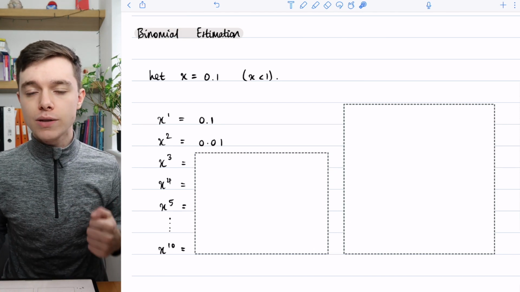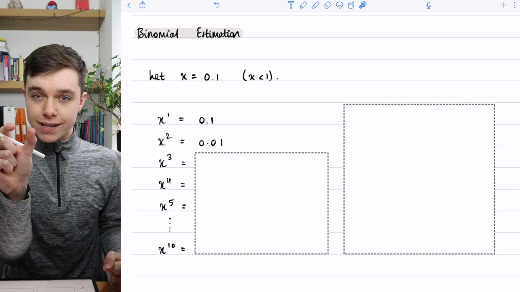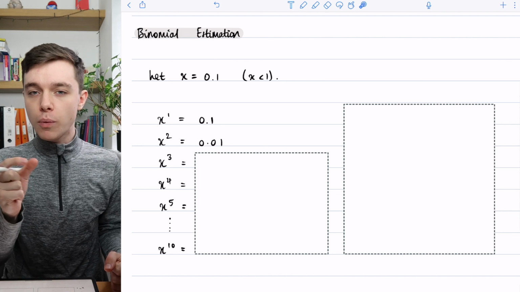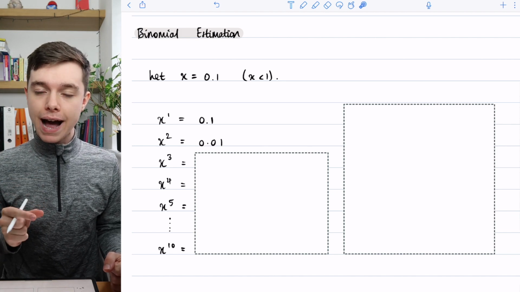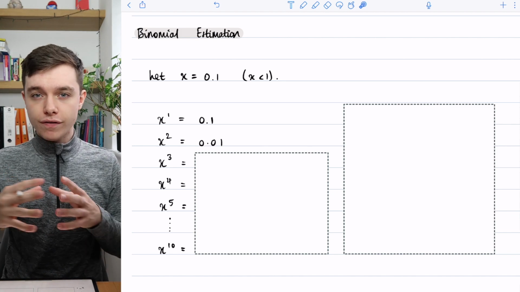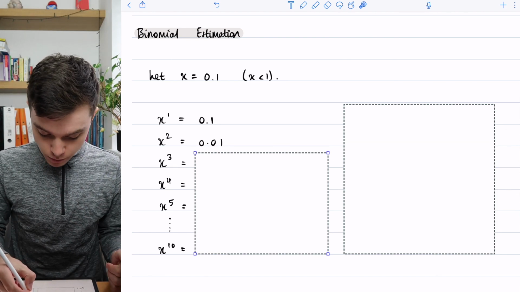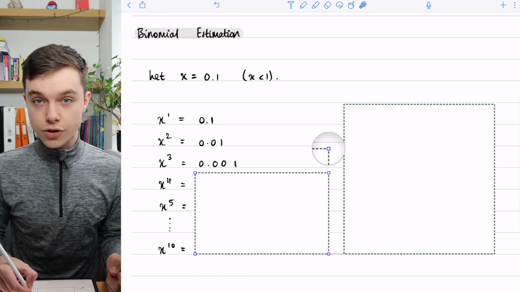As we work through these, what I want you to do is just notice the value of the x squared or the x cubed. What happens as we increase the power? What happens to the value of the actual x to the 4 or whatever? So x cubed is 0.001.